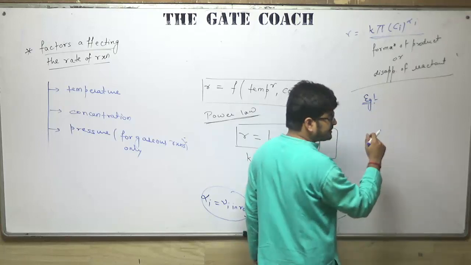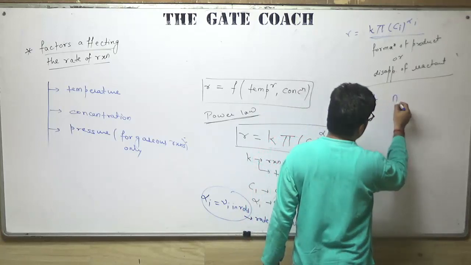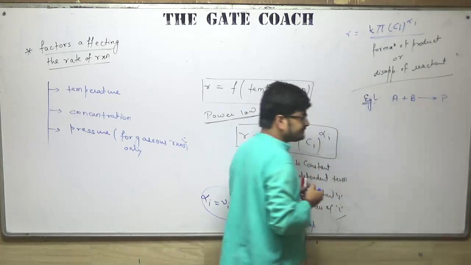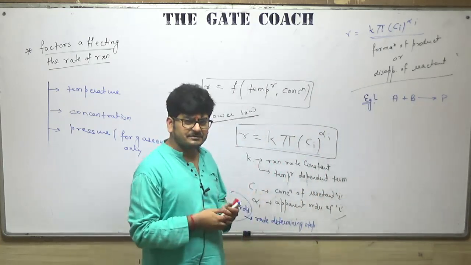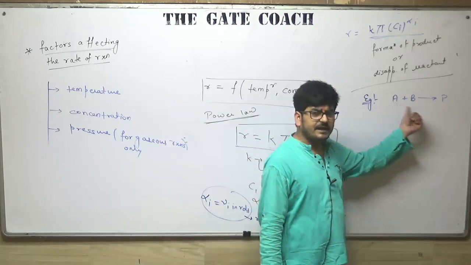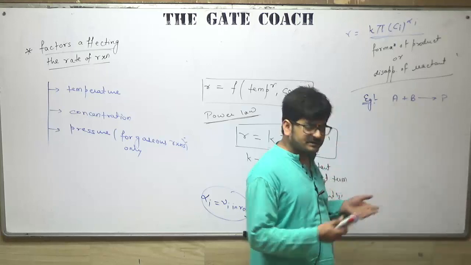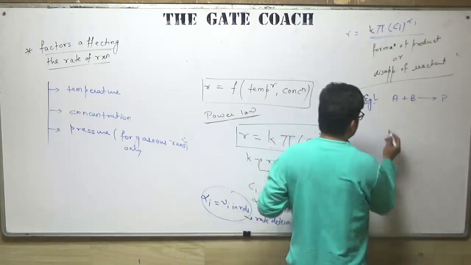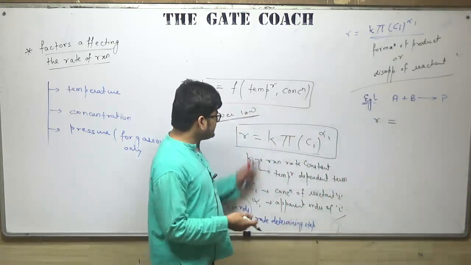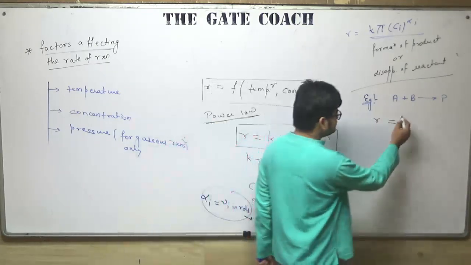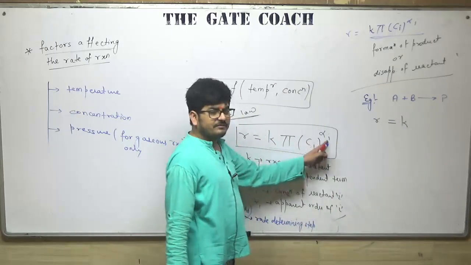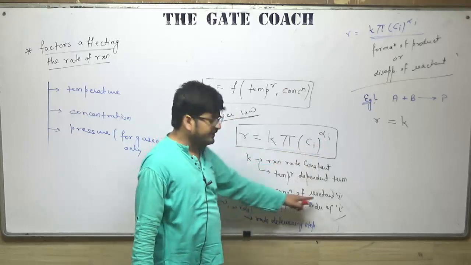Suppose for any reaction like A plus B gives P. Here you can see that we have two reactants, A and B. P is the product, obviously. So the rate of reaction from power law will be r equals k times the product summation of Ci to the power alpha i, where Ci is the concentration of reactants.